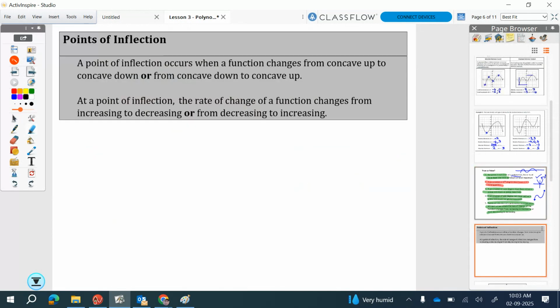Points of inflection occur when a function changes from concave up to concave down, or vice versa. That means the rate of change is changing from increasing to decreasing, or vice versa. I knew that was a good thing to say after that first sentence.